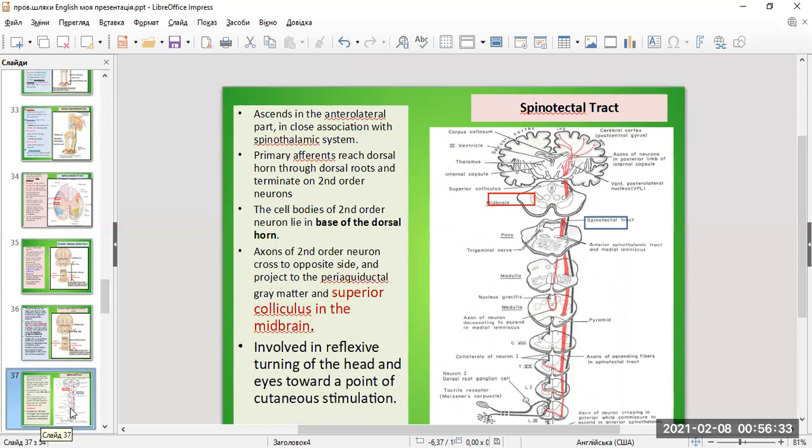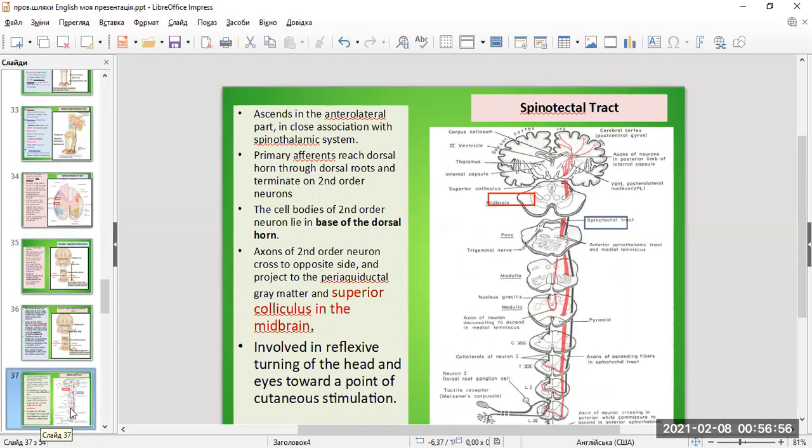Spinothalamic tract. Extend in the anterolateral part, in close association with spinothalamic system. Primary afferents reach dorsal horn via dorsal roots and terminate on second-order neurons. The cell bodies of second-order neuron lie in base of the dorsal horn.